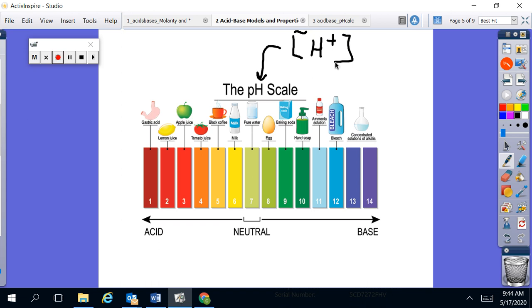We're going to go into how to calculate pH, but remember it's a scale that goes from 1 to 14. Between 1 and lower than 7, it's acidic. Between 7 and 14, it's considered basic. In our next video, we are going to calculate pH.